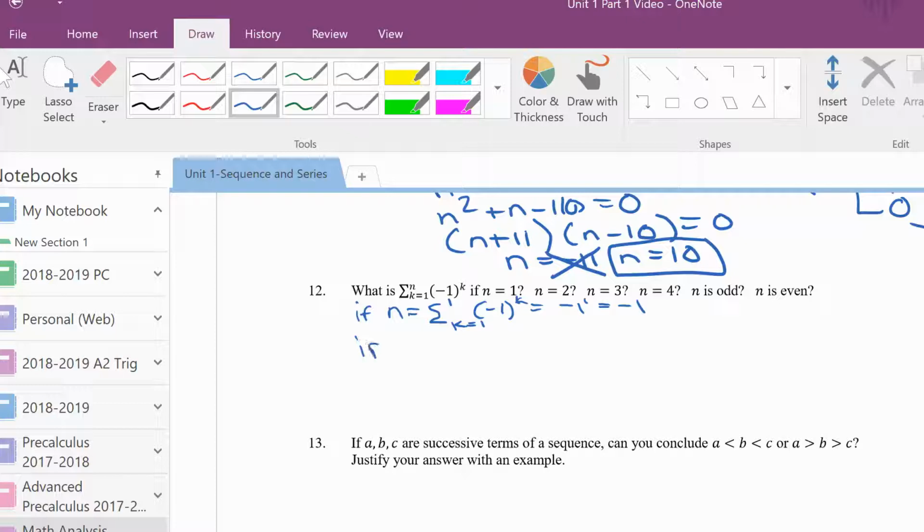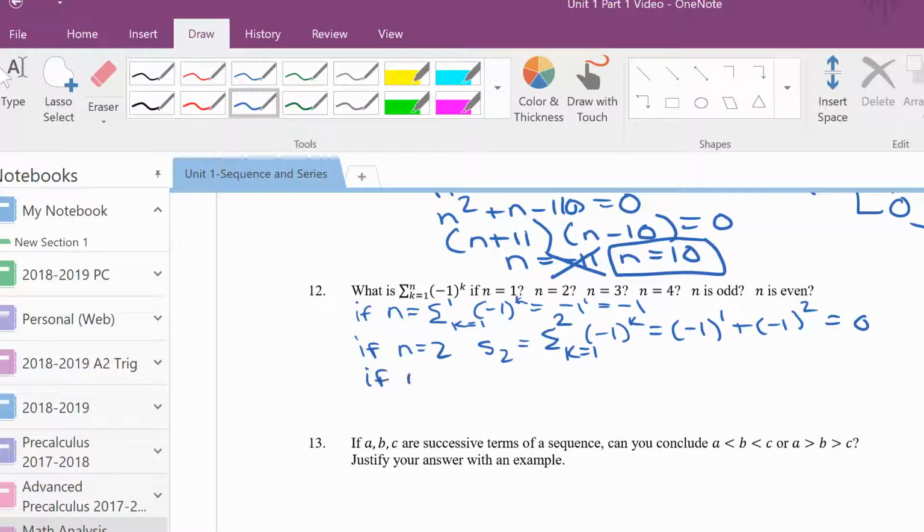But let's say if n equals 2, so it's negative 1 to the first plus negative 1 squared, and that's going to equal 0.